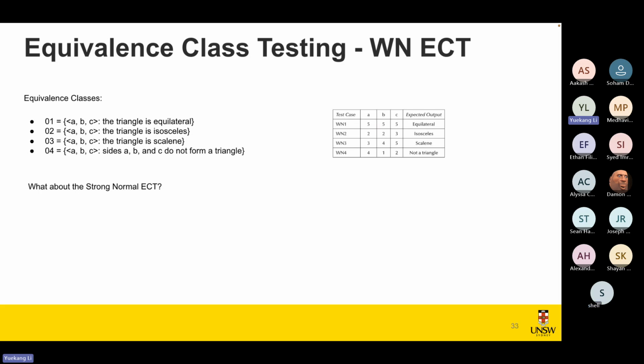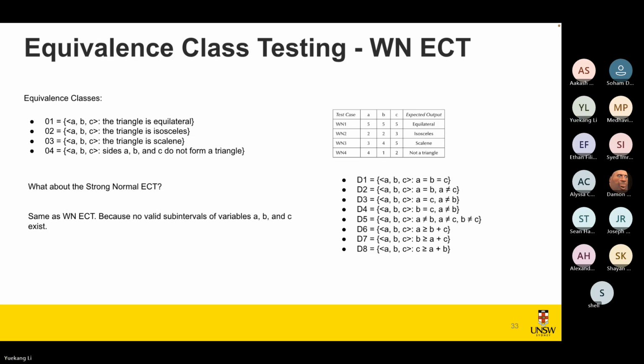What about strong normal equivalence class testing? Strong means we need to think about covering the permutations between different value ranges. But in this example, we don't have any sub-intervals, so we don't need to care about the intervals. In this special case, it is the same as weak normal.